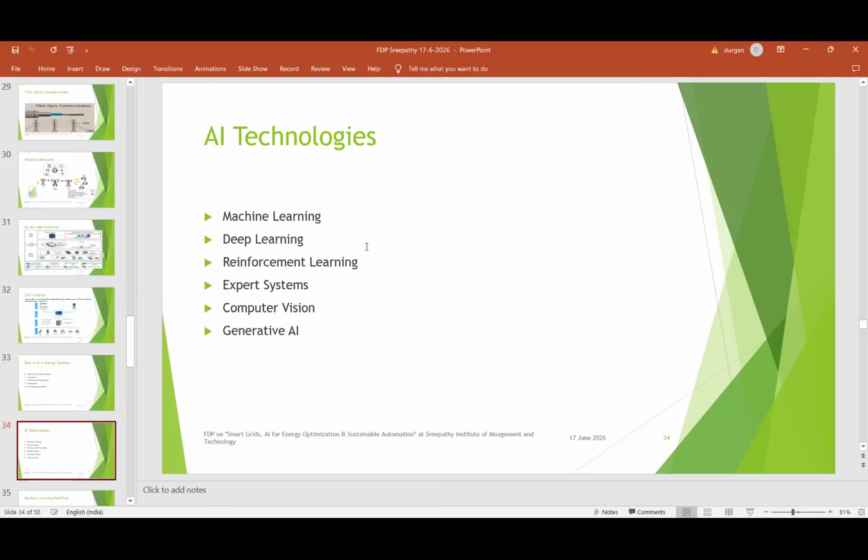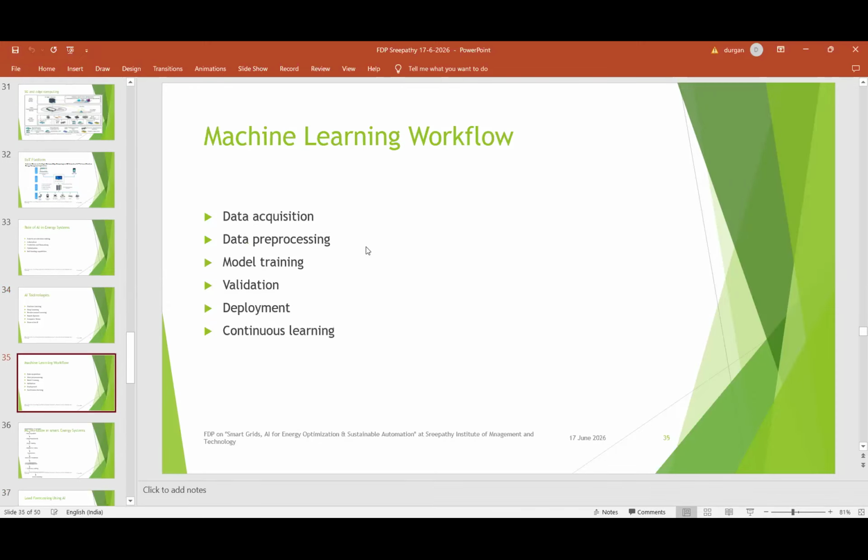Expert systems, they are all types of AI systems which can be used for prediction as well as optimization of energy techniques.